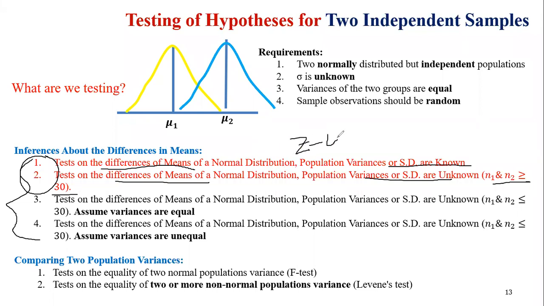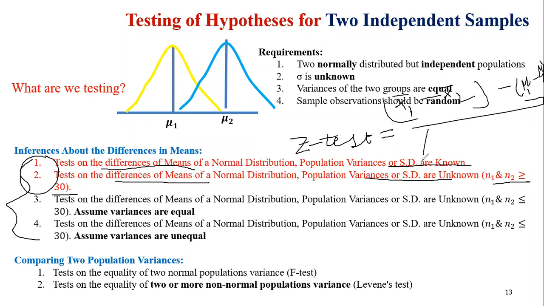Okay, and as you may remember, in the last lecture we discussed the z test statistic. When the standard deviation was given, we apply x1 bar minus x2 bar minus mu1 minus mu2, divided by the square root of sigma 1 square over n1 plus sigma 2 square over n2.